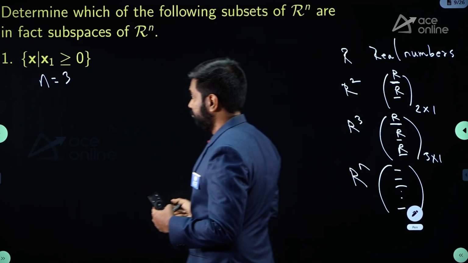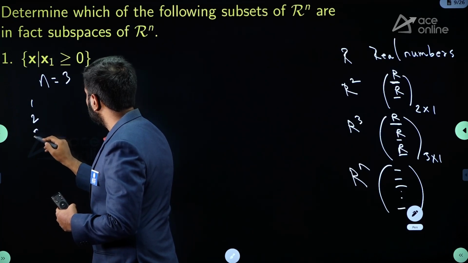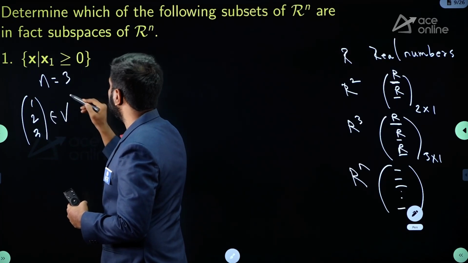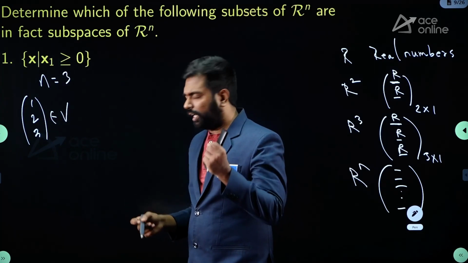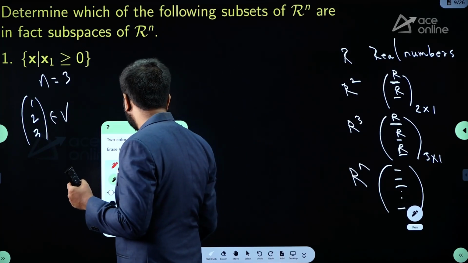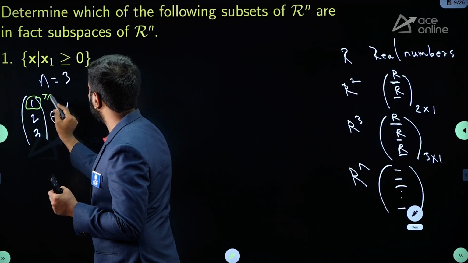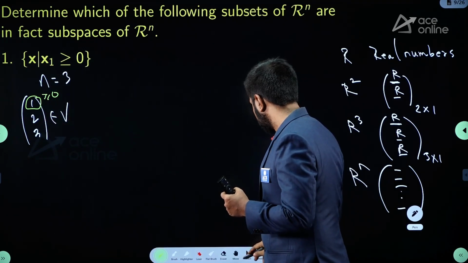For example, let me create a 3 tuple vector like this: 1, 2, 3. Does this belong to V? Let's call this entire set V. The only thing I need to check is the first component. The first component is 1, which is clearly greater than or equal to 0.